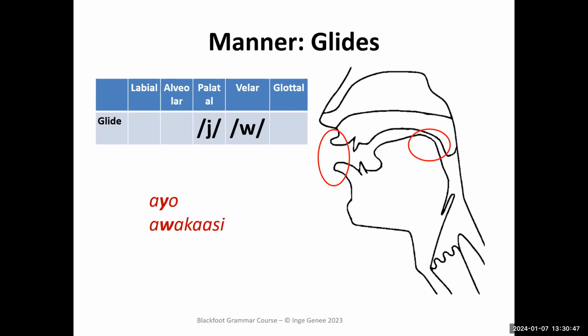The picture represents a W, as in awakasi. W is made by putting the back of your tongue close to your velum. That's why it's velar. But you also round your lips, as you can see in the picture. And then we also have a palatal glide, y, as in ayo.